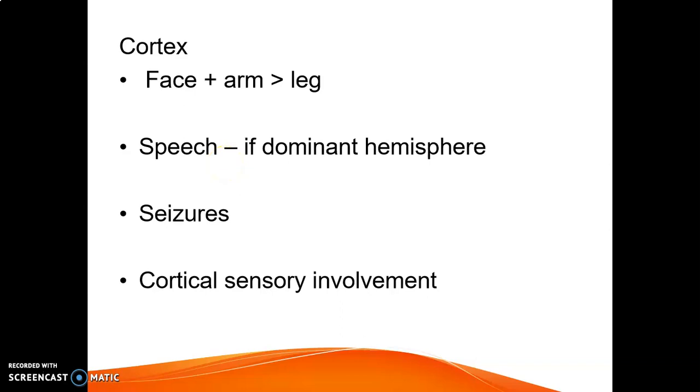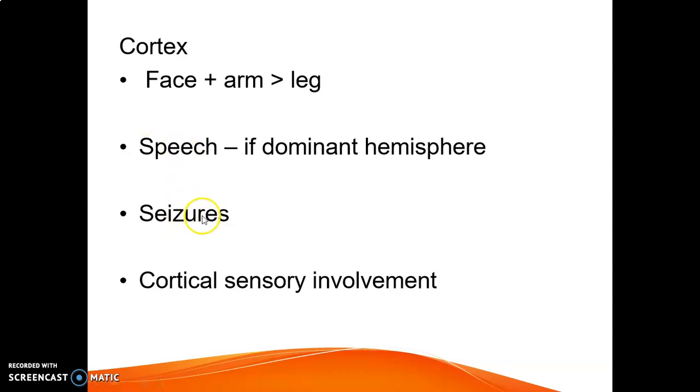In those cases, the dominant hemisphere is going to be left, because one side of the body is controlled by the opposite side cortex. So normally in right-handed people, the left hemisphere is the dominant hemisphere and also the hemisphere of speech, but it may differ for people who are left-handed.